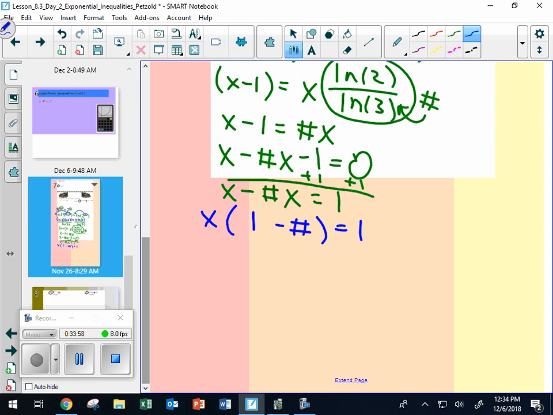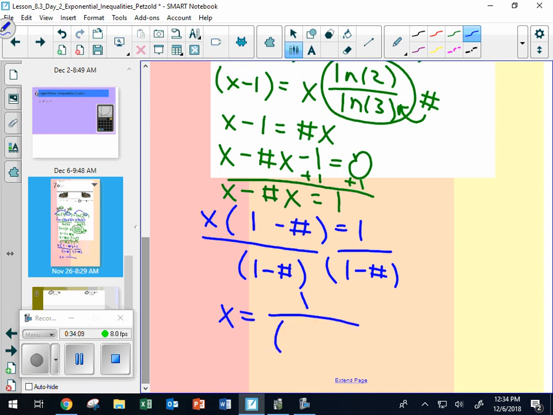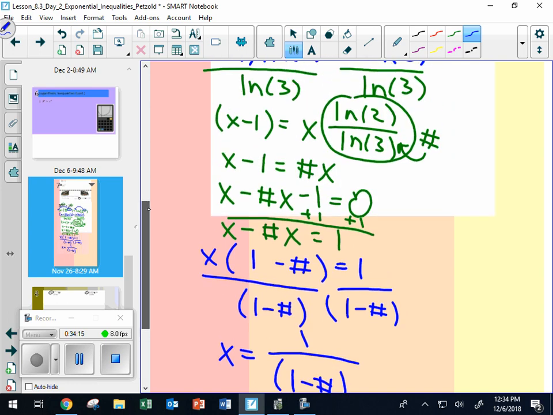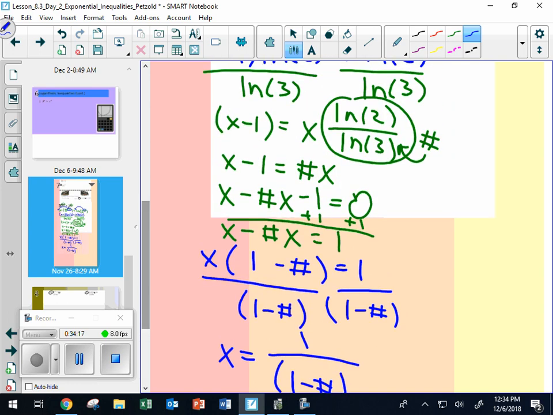So if I wanted x by itself, then I have to divide both sides by this 1 minus this number. And if I do that, I will end up with 1 divided by 1 minus this number. And what was that number? Okay, so it was this thing.